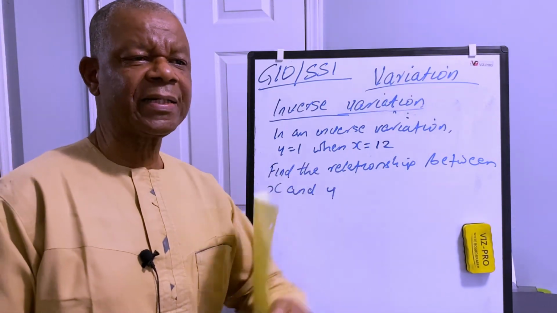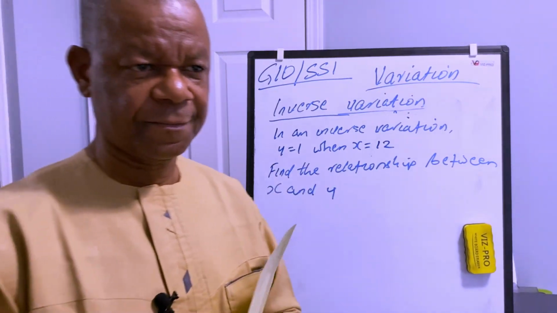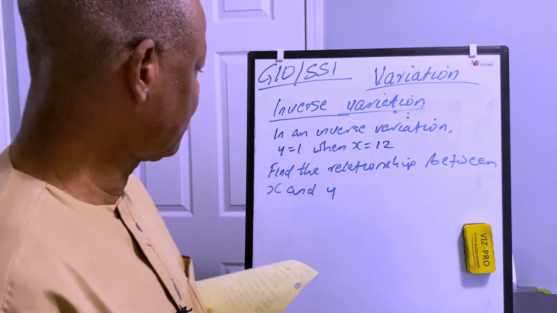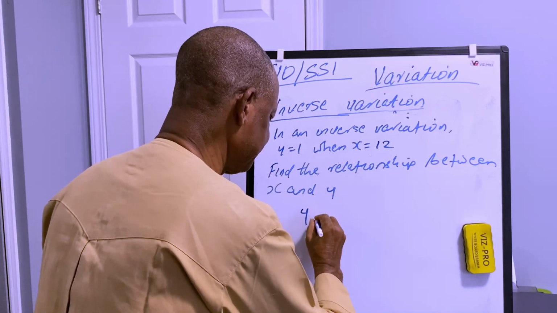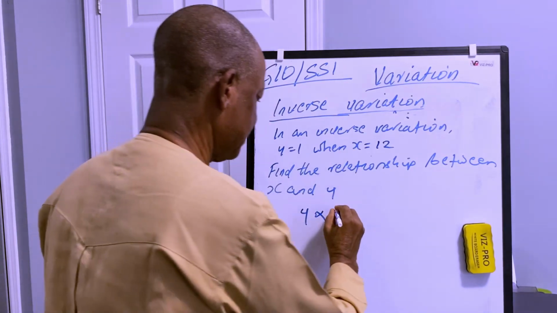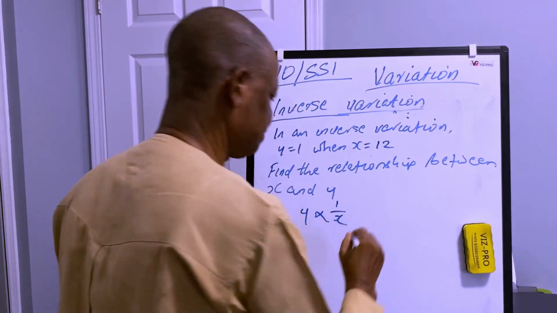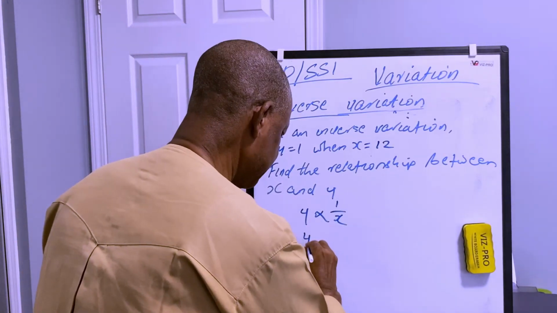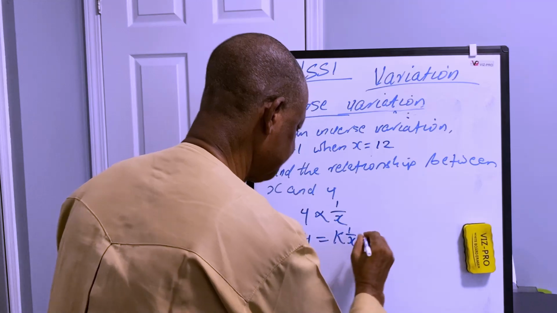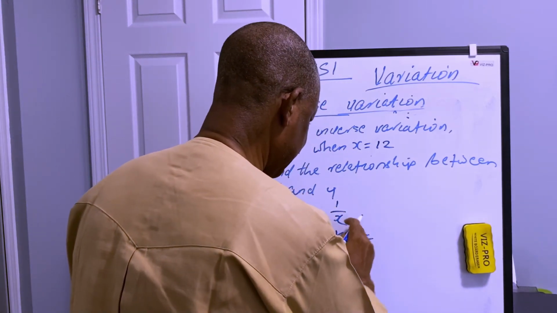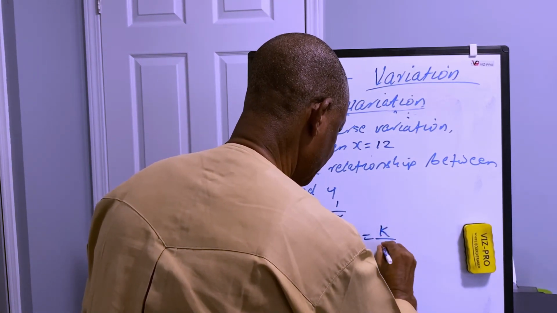Before we find the relationship, we must find the constant. So this is inverse. y varies inversely as 1 over x, which is y is equal to k times 1 over x, which is the same thing as k over x.